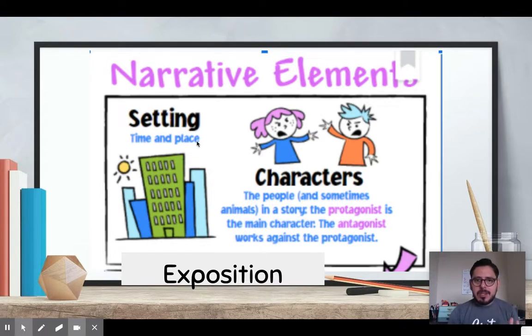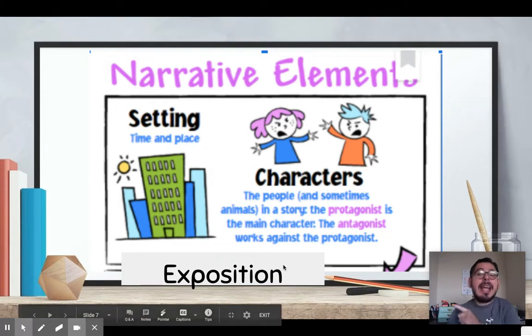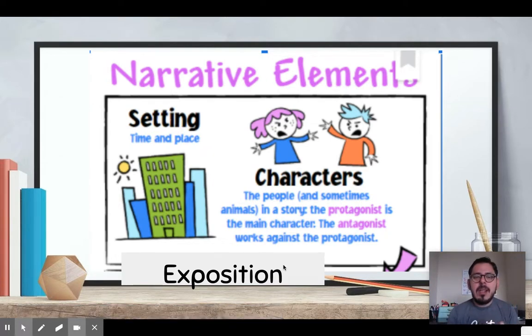And then there are characters in the story. There are always characters. Without characters, a story wouldn't be a story. So it's the people and sometimes animals, when it's a fable, for example, in a story. The protagonist is the main character, whereas the antagonist works against the protagonist. Sometimes stories have villains, and those are actually called antagonists. Not all of the stories.